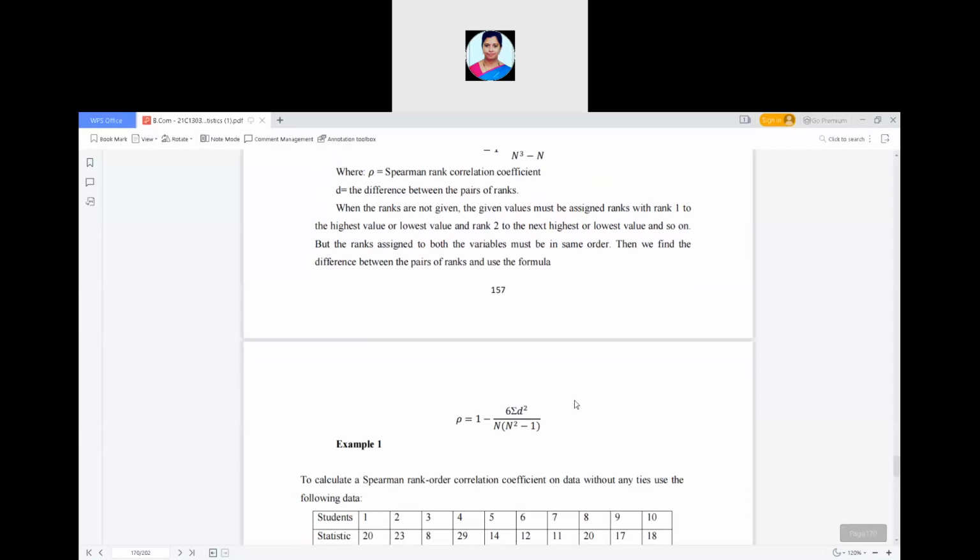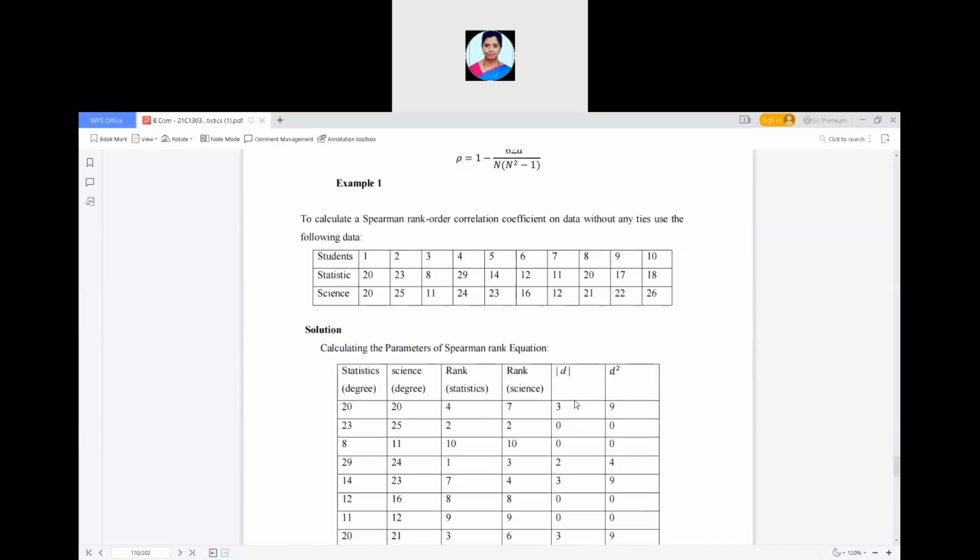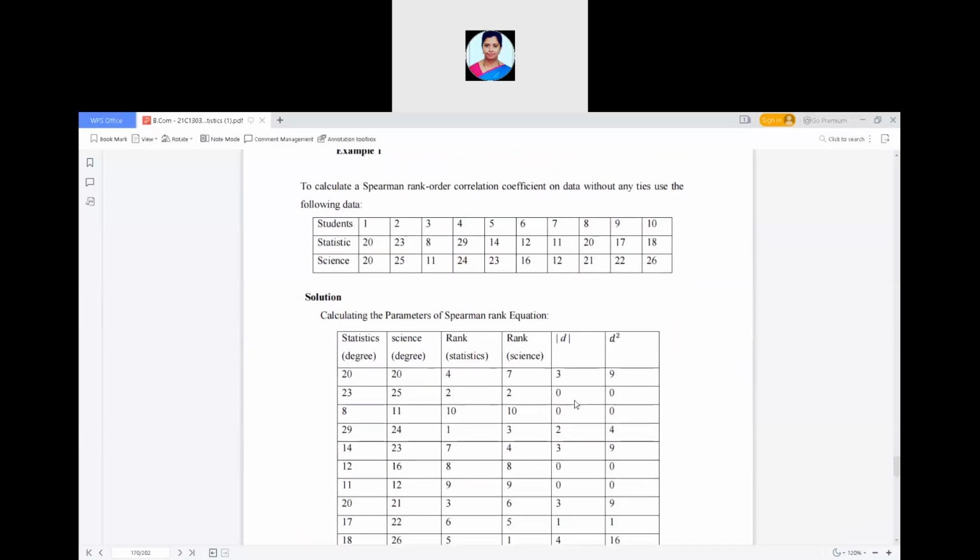So let us see example number one. Calculate Spearman's rank correlation coefficient without any ties, using the formula. Here 10 students' statistics and science marks are given. We are going to find the rank correlation between them.